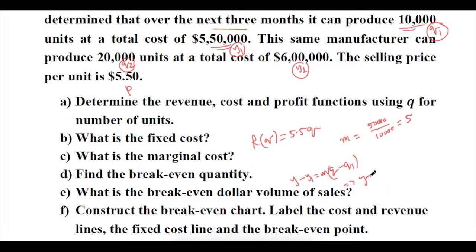So this implies Y minus Y1 is 550,000, which is M into Q minus Q1, which is 10,000, and this implies Y equal 5Q minus 50,000 plus 5 lakhs 50,000.